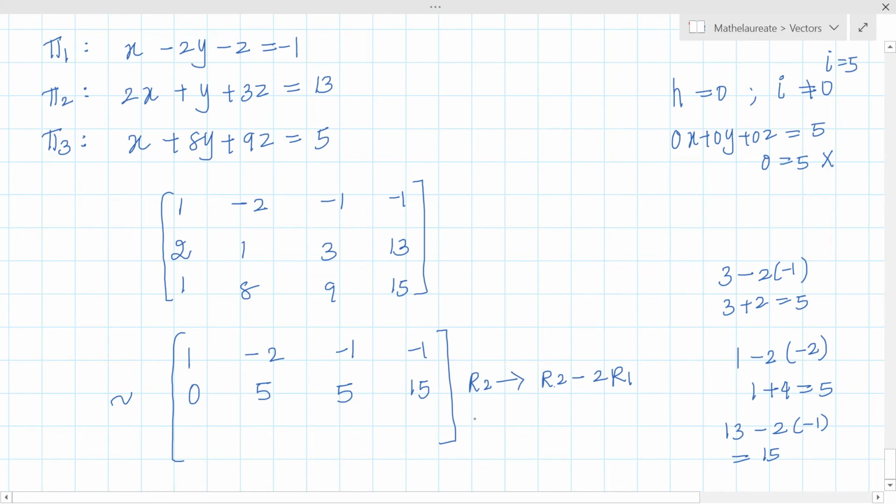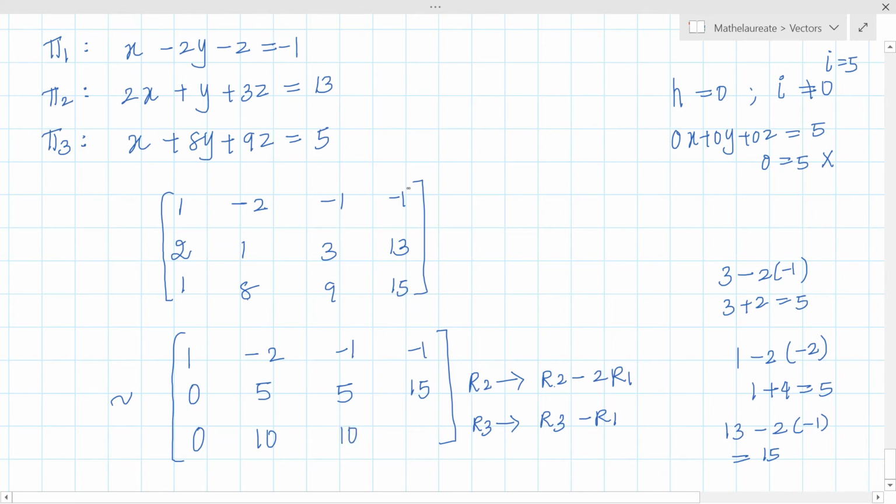Let's move on to the third row. The new R3 is R3 minus R1. Just subtract because both are 1. So 1 minus 1 is 0. 8 minus minus 2 makes 8 plus 2, which is 10. 9 minus minus 1 is 10 again.